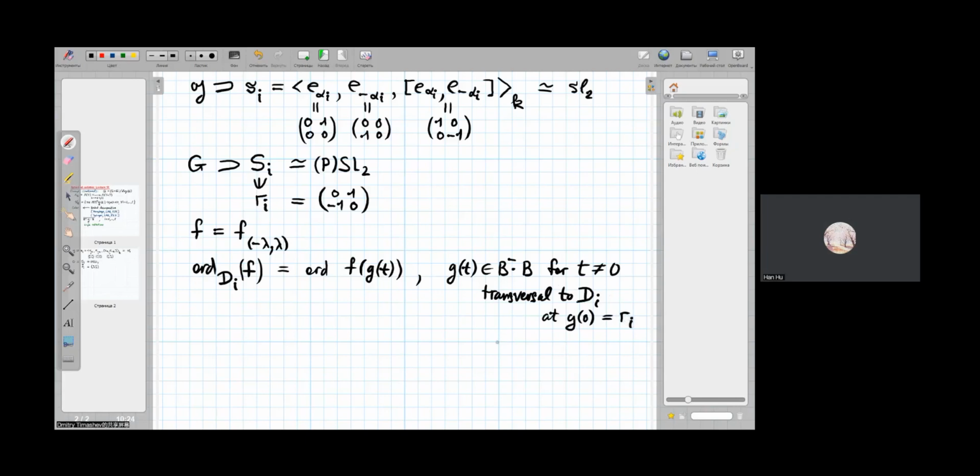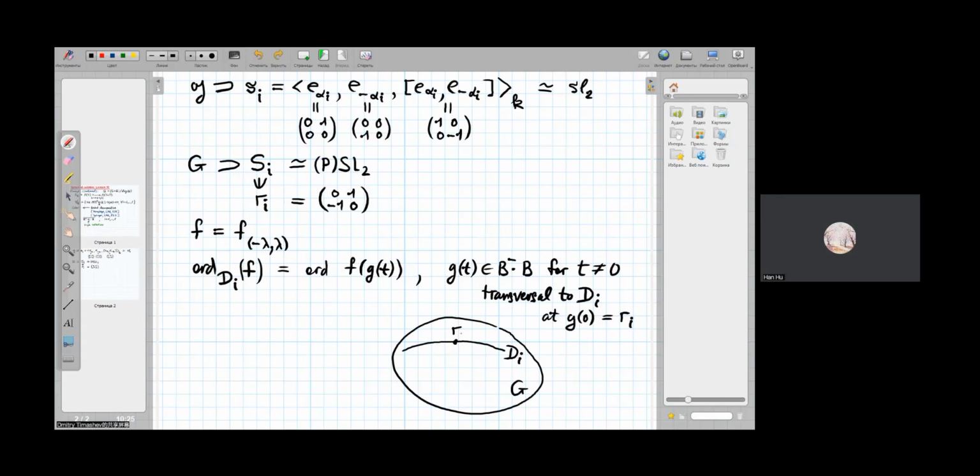So let me draw a picture for you. We have our group G. We have this color di. We have a point Ri in the open Borel orbit on this divisor.